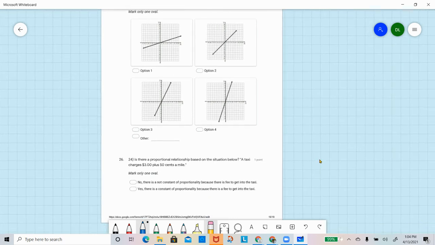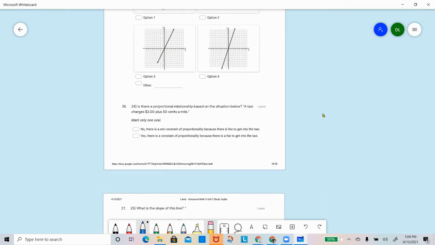Here we go. Okay, number 26. Is there a proportional relationship based on this situation? A taxi charges $3 plus 50 cents a mile. That can't be proportional.